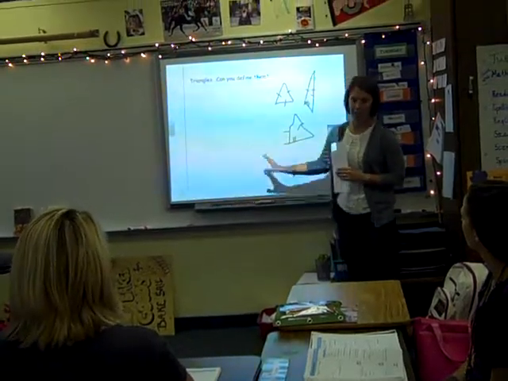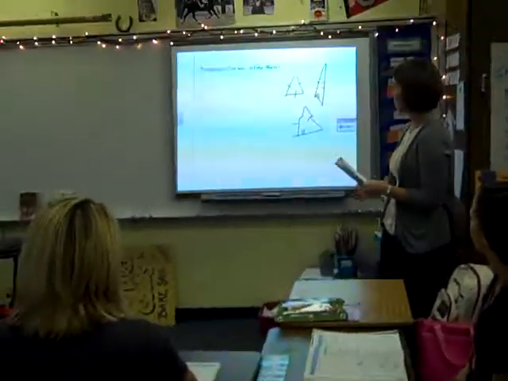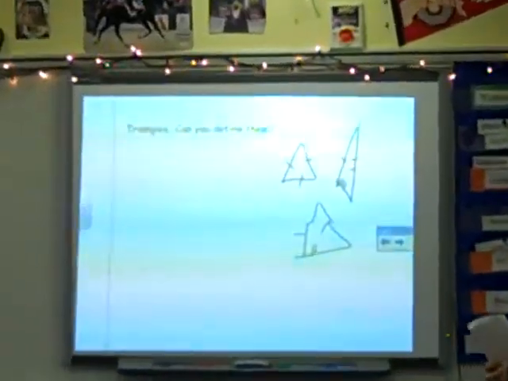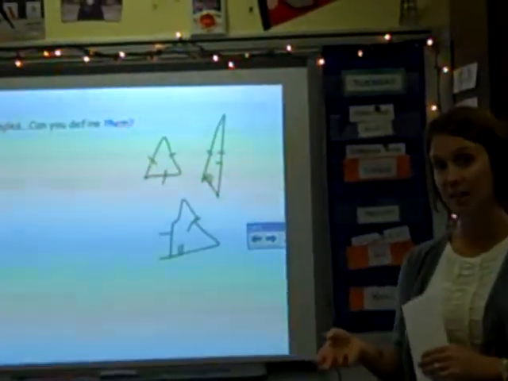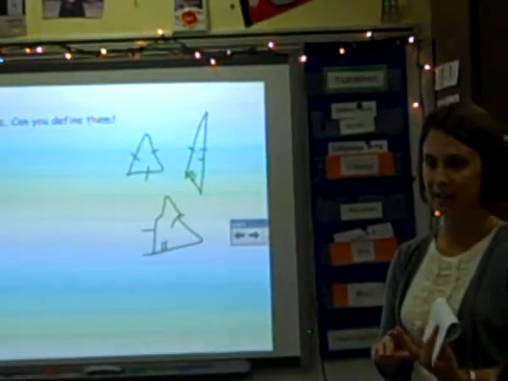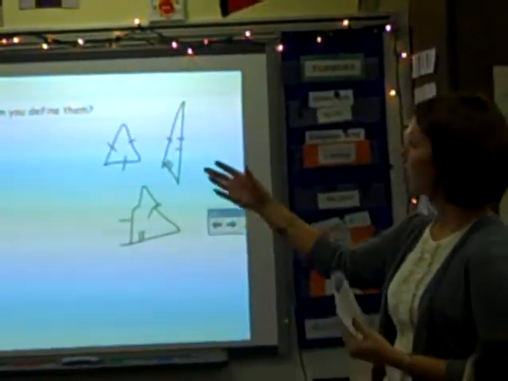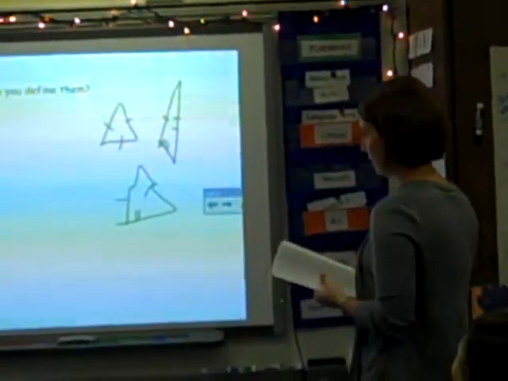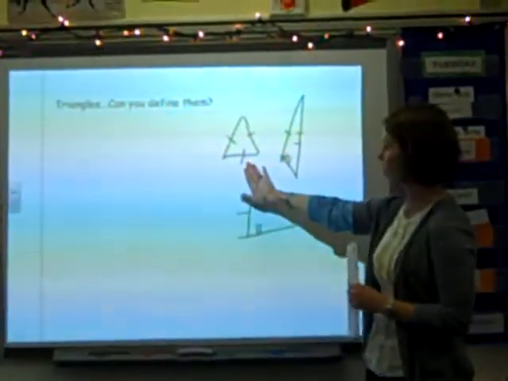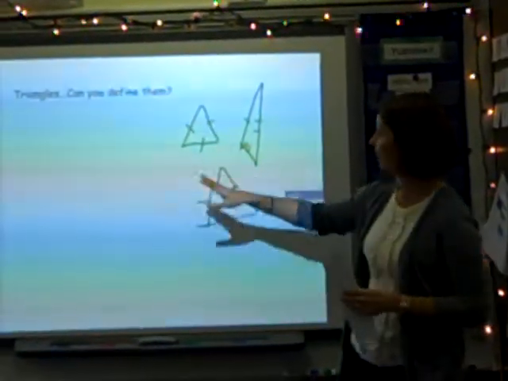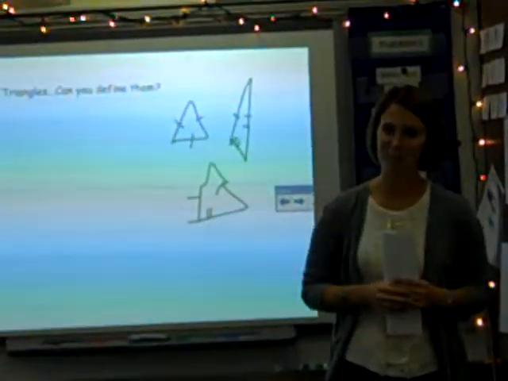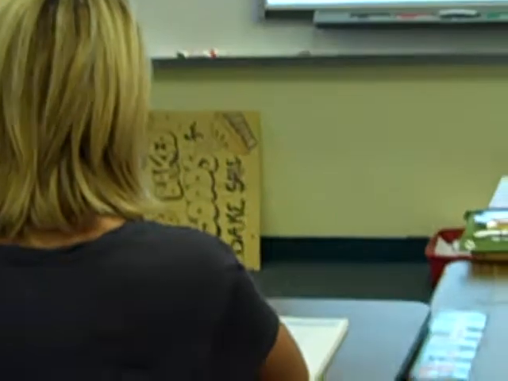So then I had this page up, I've since erased it, but then we went through and tried to define them. And our book gives us examples and non-examples of equilateral, isosceles, and scalene. So then I asked the kids, can you define them? And so we first looked at this one, and ladies, can you define what equilateral triangle would mean? All 3 sides are the same. Excellent.